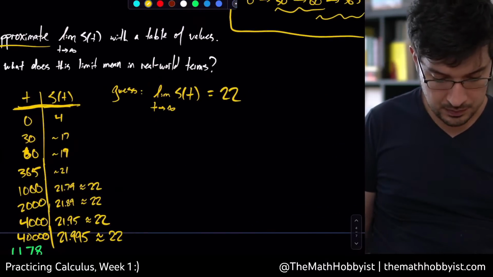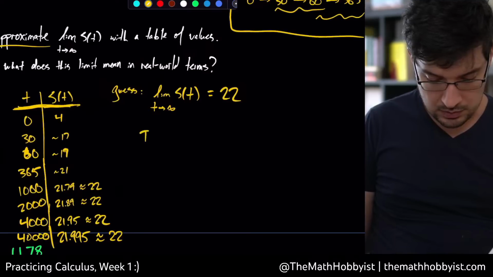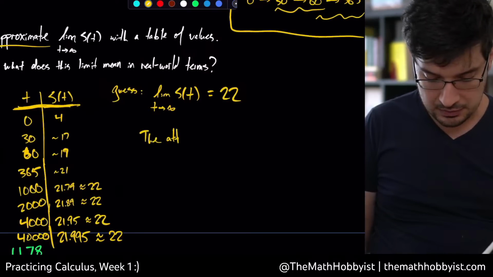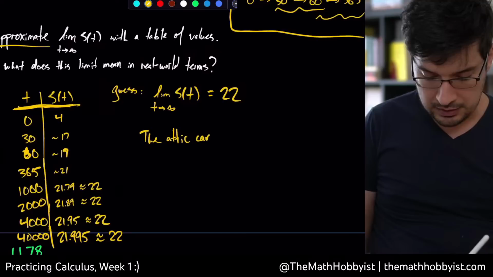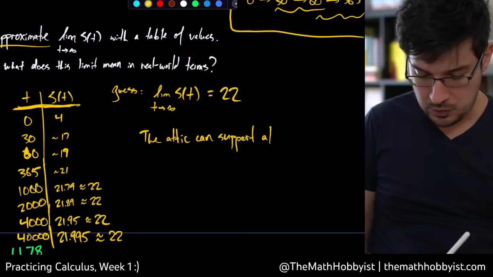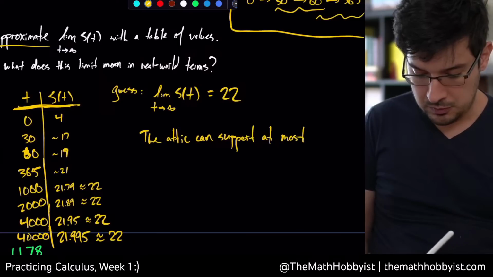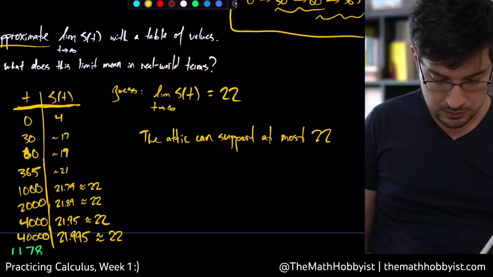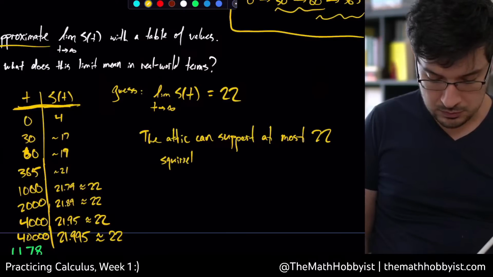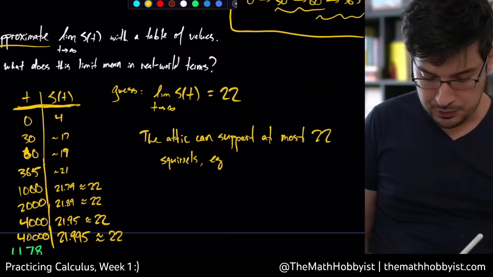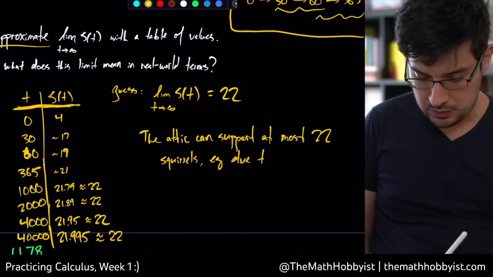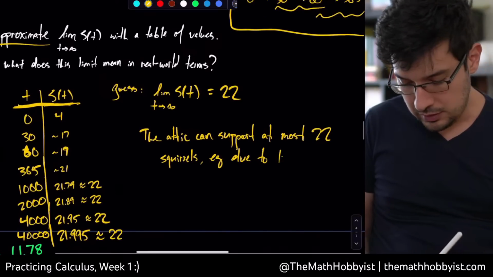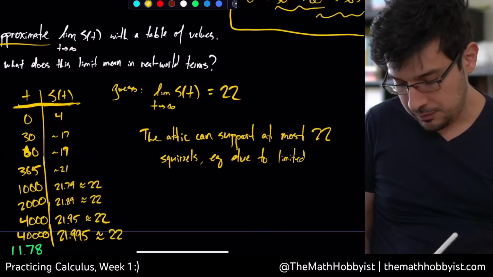So the attic can support at most 22 squirrels, for example, due to limited food.